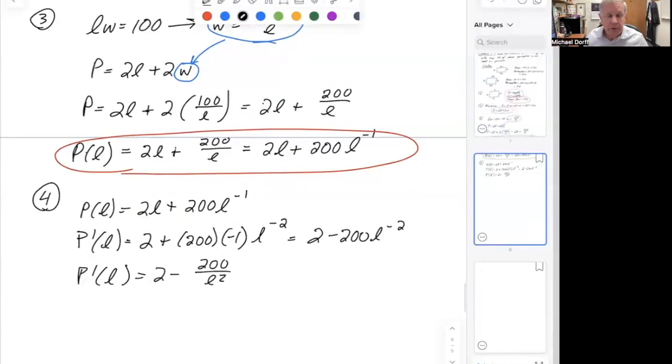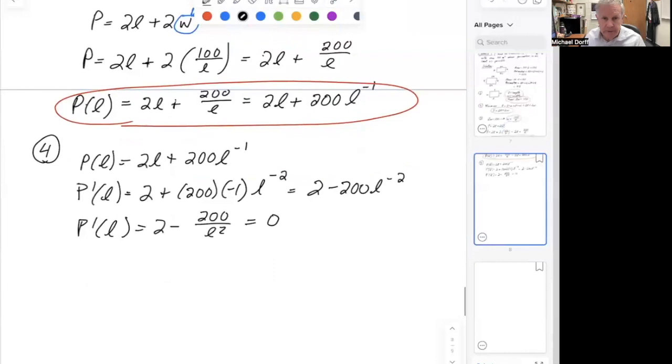Because we want to do the second derivative test, we want to find the critical numbers. That means we want to set the derivative of the function equal to 0. Now, to solve this, I'm going to bring the 200 over L squared to the right side of the equation, and that gives me 2 equals 200 over L squared.